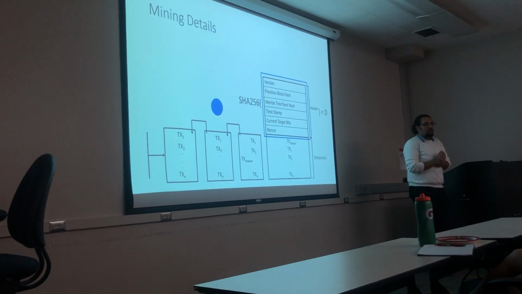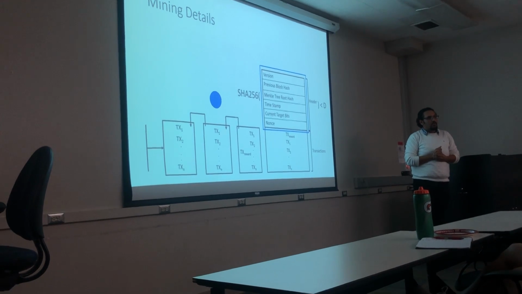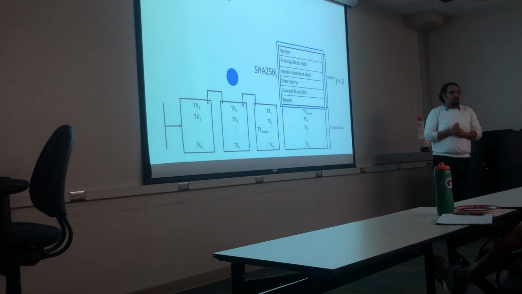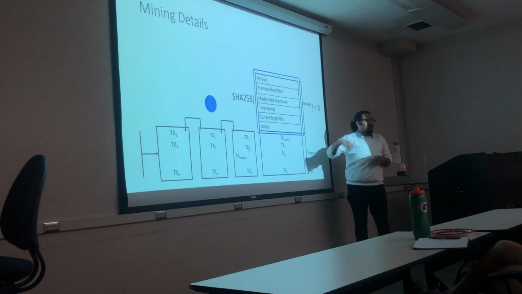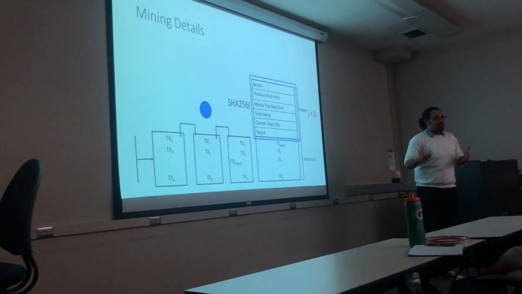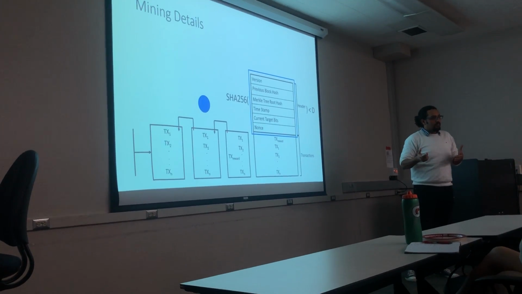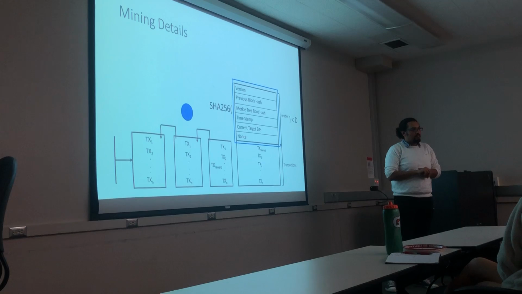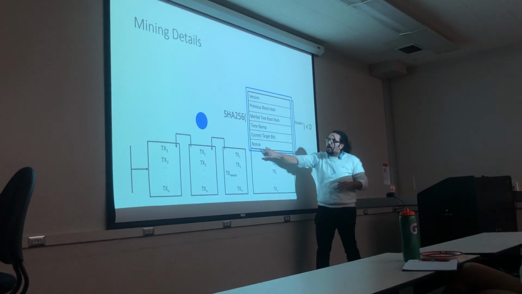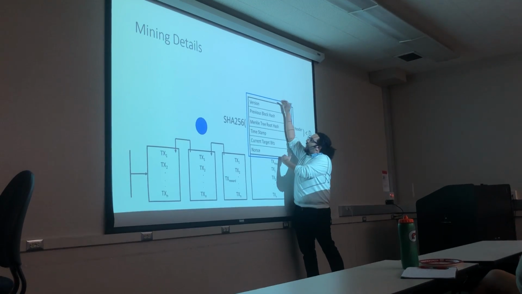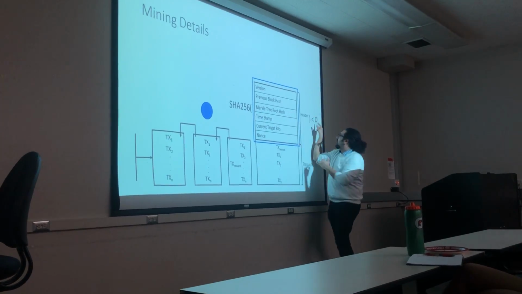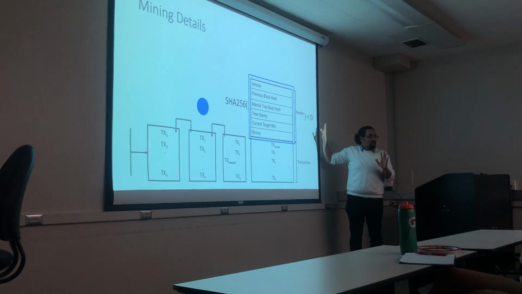So are you going to define that word, or is it a word that everybody knows? Which word? Nonce. Oh, the nonce. Think about it as a random number that we are generating. So to solve the puzzle, you need to find some number that you concatenate or add to the header, such that the hash of the whole header is less than some number.